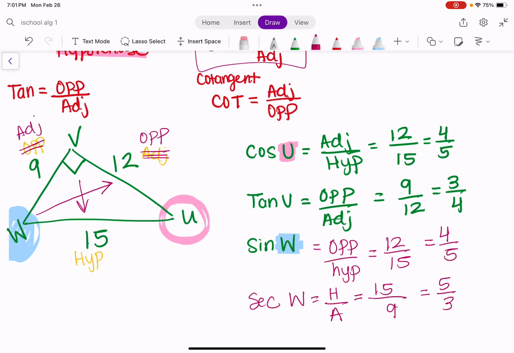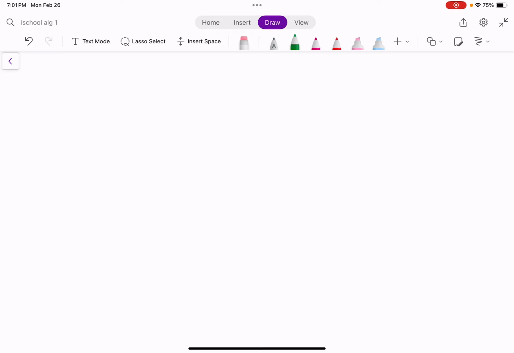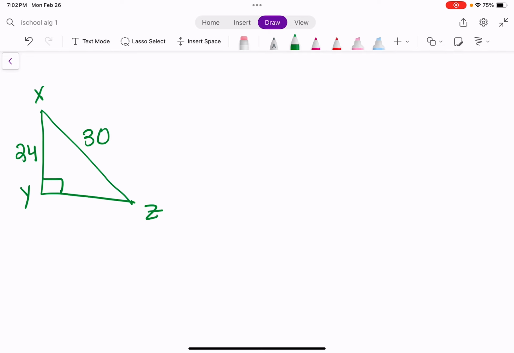And so what I want to quickly go through, though, is let's say you have a right triangle. So draw this again. We're going to draw a right triangle like this. I'm going to call it X, Y, and Z. And I'm going to call it 20. I'm going to give this side 24, and this side is going to be 30. Okay? So let's say we're trying to find, this is a 2, by the way.